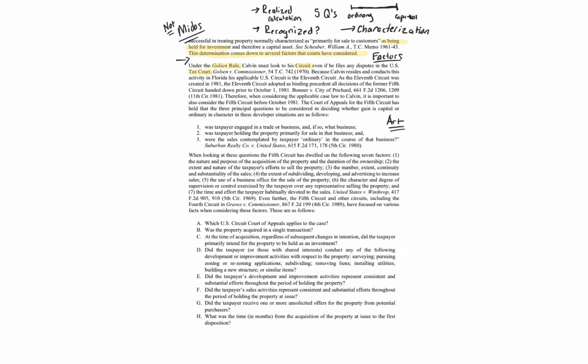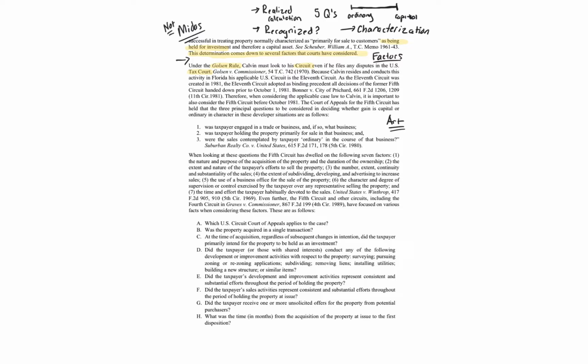But if you're dealing with the U.S. Court of Claims or your federal district court, which are the three different courts of original jurisdiction for tax cases, you're going to have to follow the circuit anyway. The Golsen rule says that tax court, which is a national court around the entire U.S., because they ride all over the country and hear cases all over the place, has to look to the circuit that they're in. So if they're in Texas, they would be looking to the Fifth Circuit.